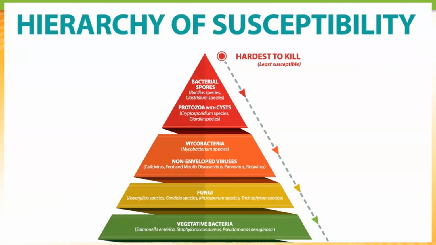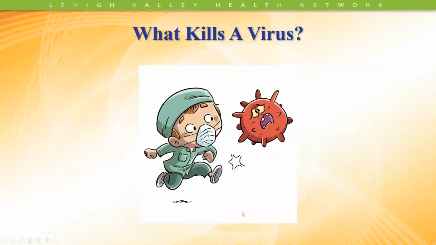Now, one of the good things about viruses, and we haven't found many bright stars or shining lions during this pandemic, but one thing is that viruses are relatively easy to kill. If you look at a hierarchy or pyramid of destruction, or the ability to destroy these parasites or organisms, you can see that viruses are very low on the bottom there.